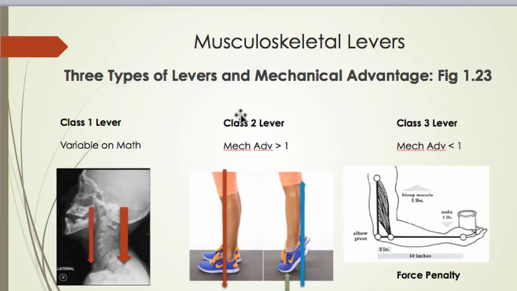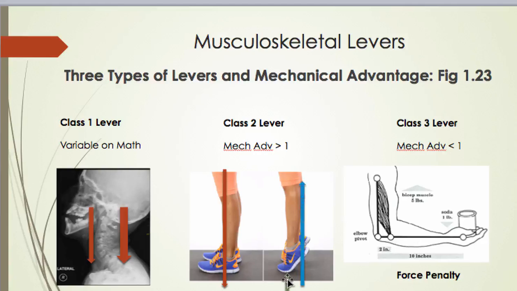However, with a class 2 lever, its mechanical advantage is greater than 1. In fact, it's closer to 4. So if I'm 100 pounds of weight, okay, I can probably exert about 25 pounds of force here, internal torque, in order to come up on my toes.